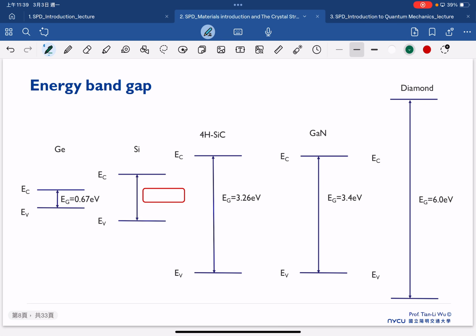Now we look at what the band gap means. The band gap is a definition between the bottom of the conduction band and the top of the valence band.